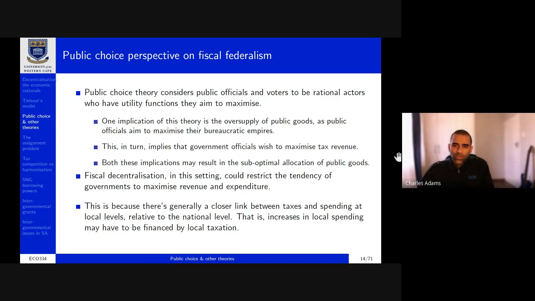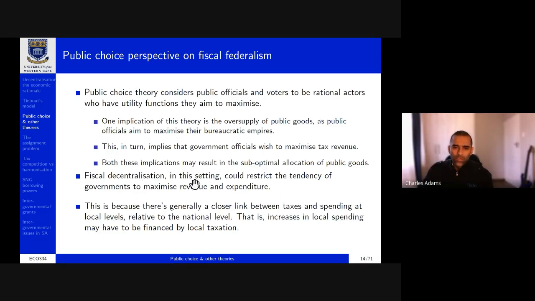For instance, with the provision, particularly with the SOEs, right? So government running Eskom and government running an airline may be thought of as an over-provision of services. And of course, an airline is not necessarily a public good, at least not anymore.